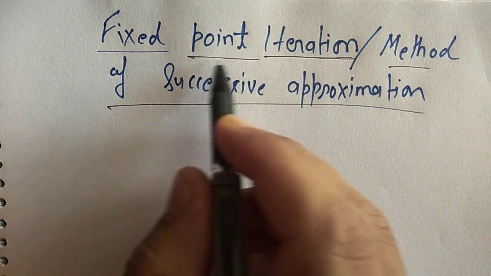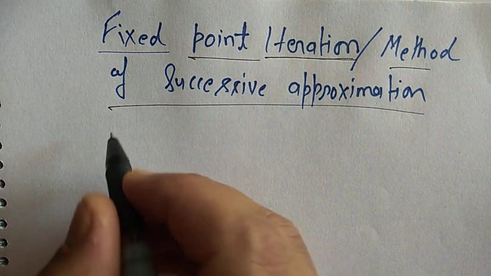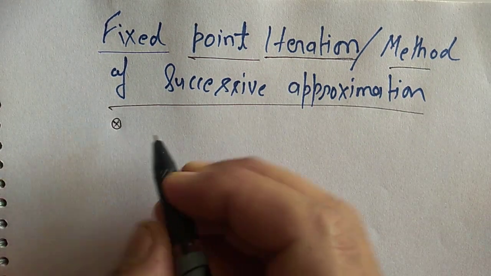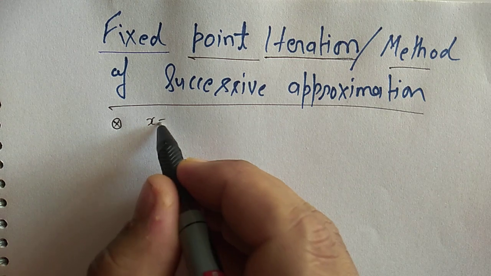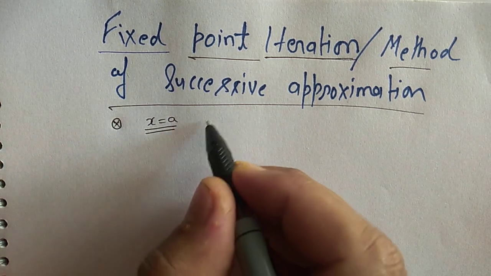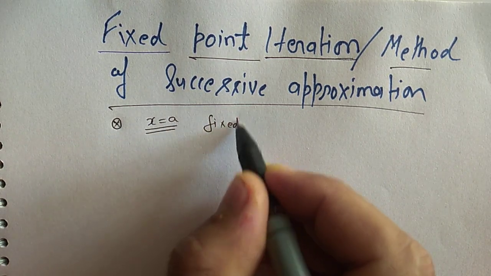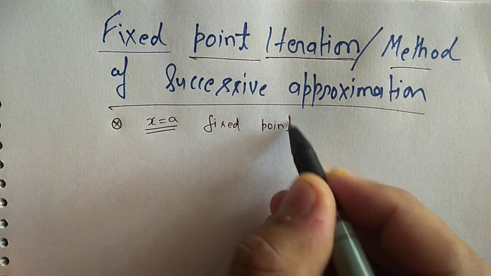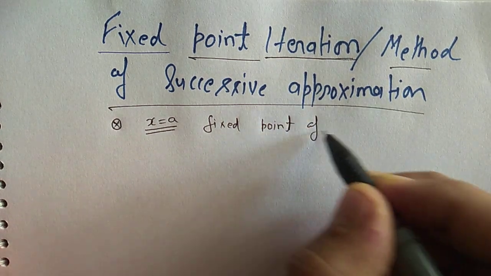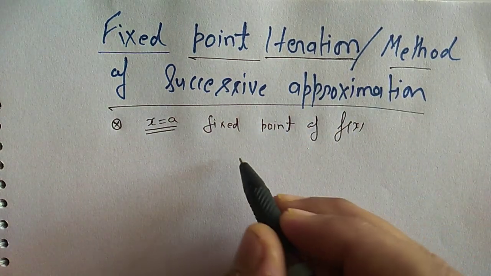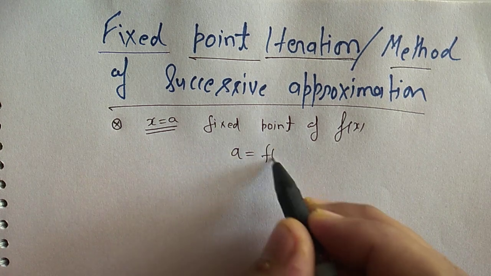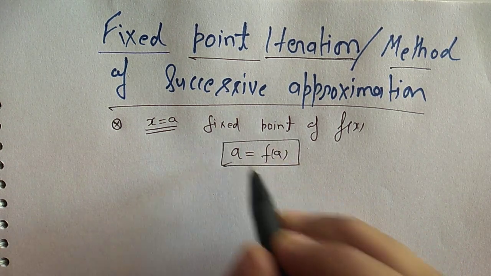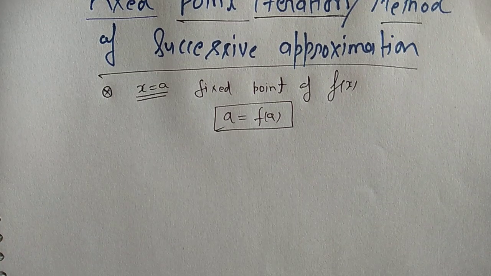So let me define what is the fixed point. The fixed point x equal to a is called a fixed point of f of x when a equal to f of a. Then a is called the fixed point.